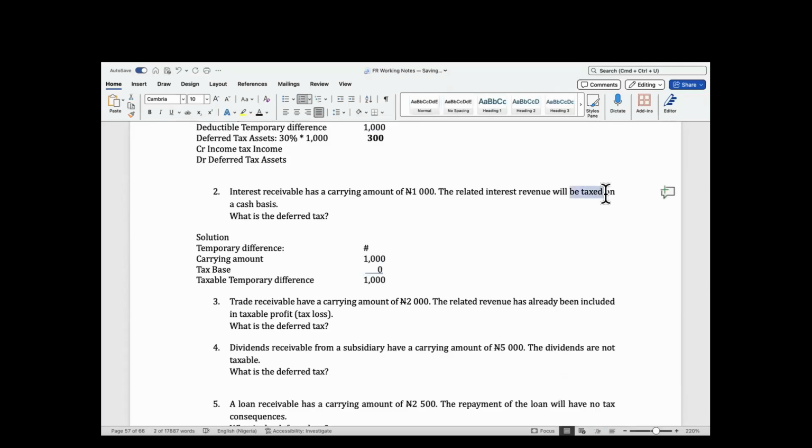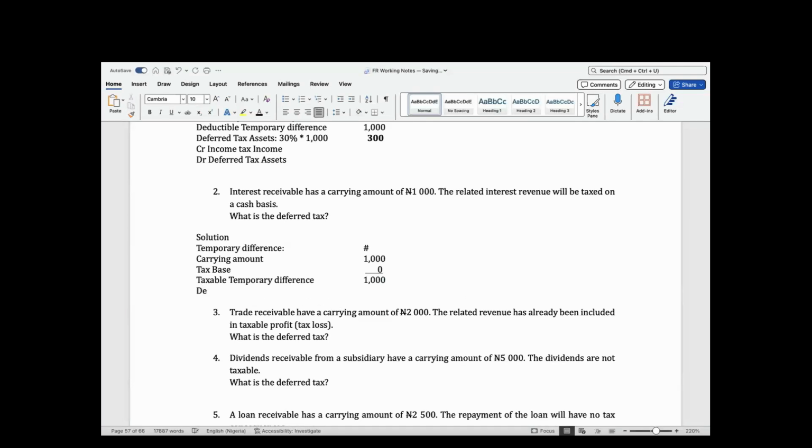In this case now, based on what they have told me here, that it's going to be taxed on a cash basis, the taxman did not capture anything, but I'm going to pay more tax. So it's a taxable temporary difference. That's when the taxman will capture it. So here, it will be a liability.